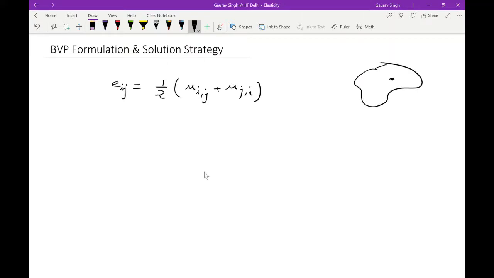Then the second was the compatibility equations, which ensured that for given arbitrary strains, the displacements would be continuous and single valued. We had seen that it is actually only 6 of them, and eventually only 3 of them are independent.